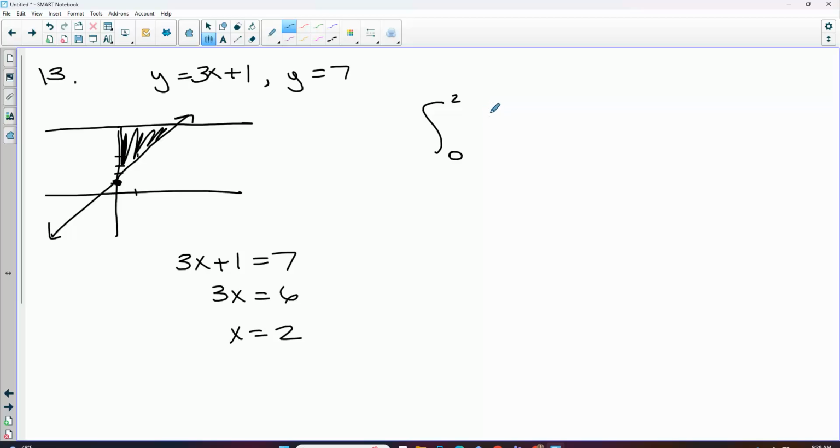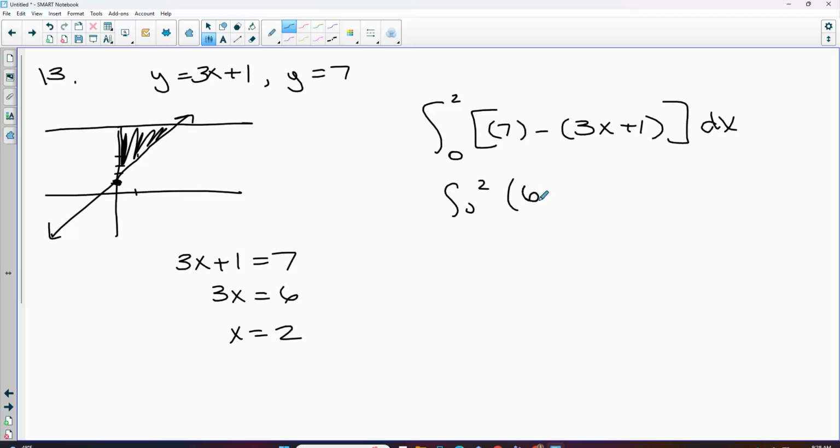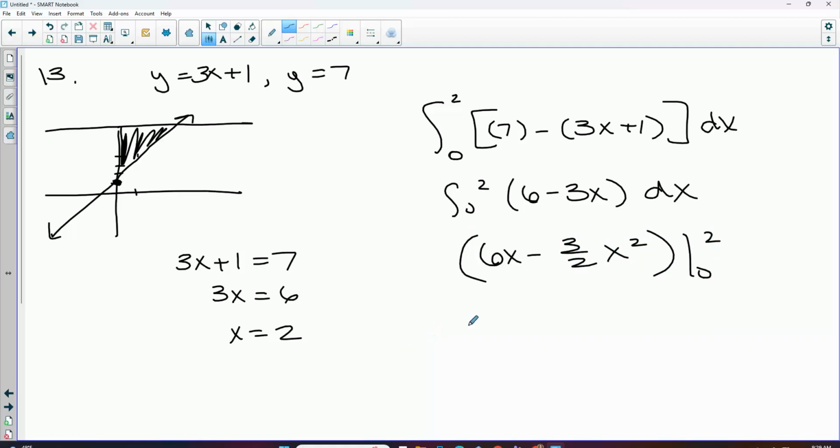The top curve is 7 minus the bottom curve, 3x plus 1. So that's 6 minus 3x. Antiderivative of 6 is 6x minus 3 halves x squared. So we should get 6 for our answer.